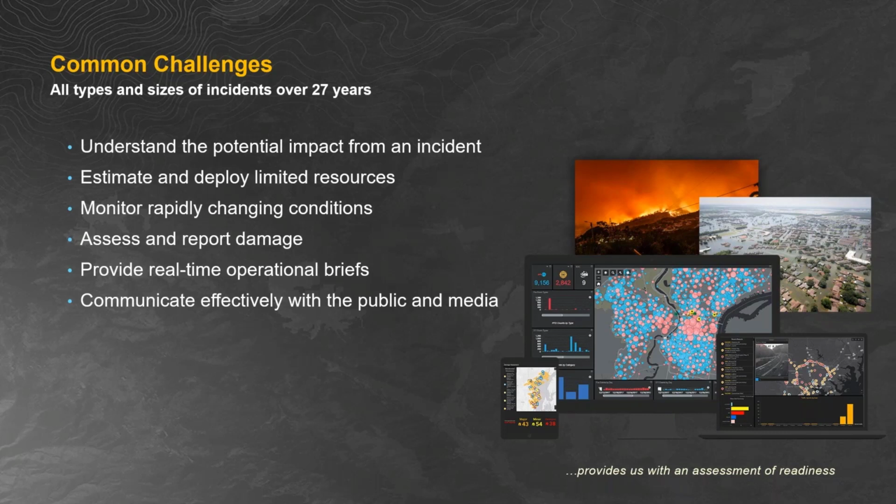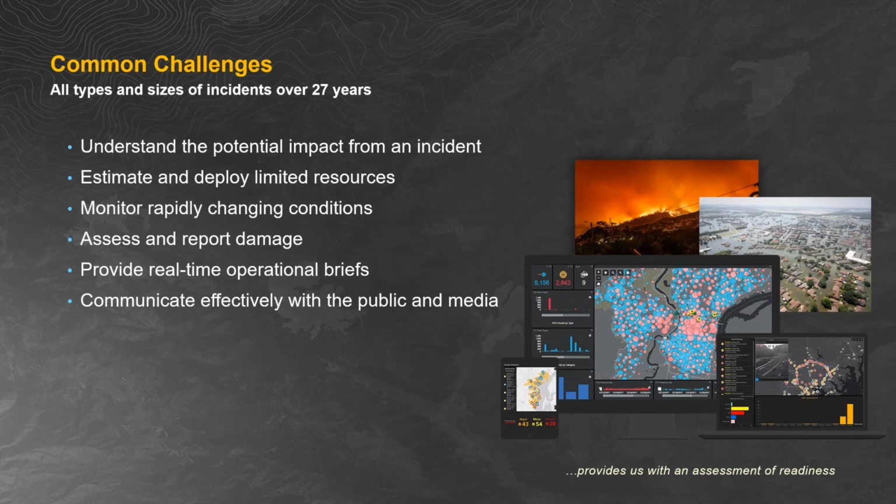So whether that's stream gauges and the flood that continues to rise, the hurricane forecast that's changing hour by hour from the hurricane center, all of those rapidly changing conditions mean that we need to make sure that we are changing our planning assumptions in real time as well. So connecting that data together into dashboards and tools that allow us to truly get insight. And then how do we assess and report damage?